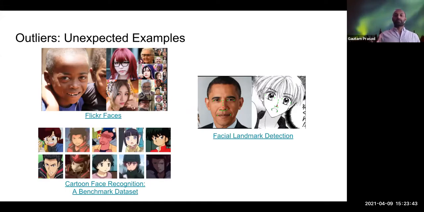And so one approach we could use to identify faces that we don't want is a landmarking algorithm. And this might not be as sophisticated as whatever tool you're using to understand faces or answer whatever scientific question you need. But what you could do is create landmarks of where the eyes are, the nose, or the mouth, and then look at a small distribution of human faces and cartoon faces.